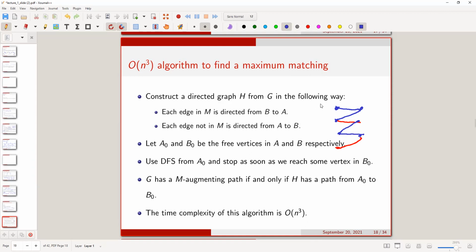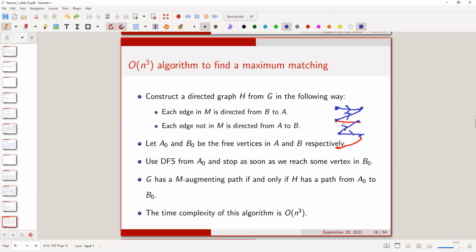Now what we do is that we convert this graph to a directed graph. And how do we do it? We add an arrow from left to right if the edge is unmatched, and we add an arrow from right to left if the edge is matched.